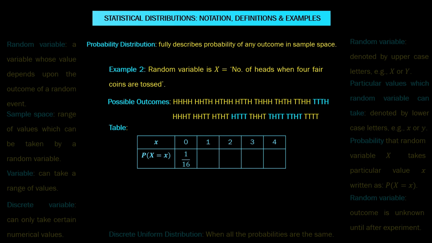The probability of getting 1 head is 4 out of 16, because we have 4 ways of getting exactly 1 head, as highlighted on your screen now. So the probability that x equals 1 is 4 out of 16, which is of course equal to 1 out of 4.